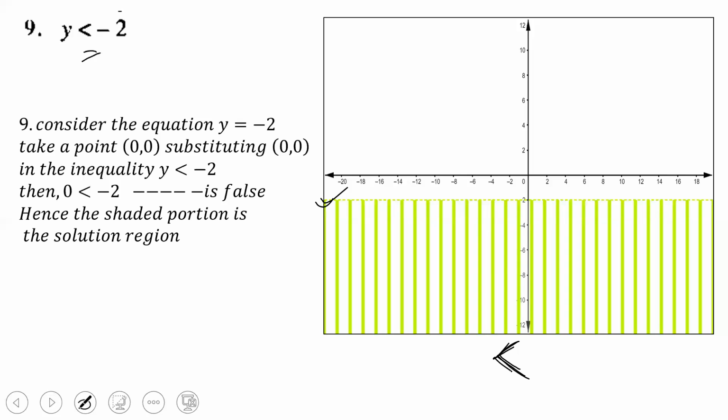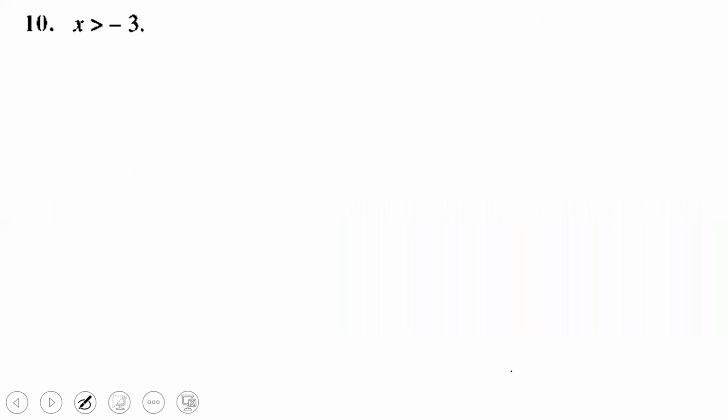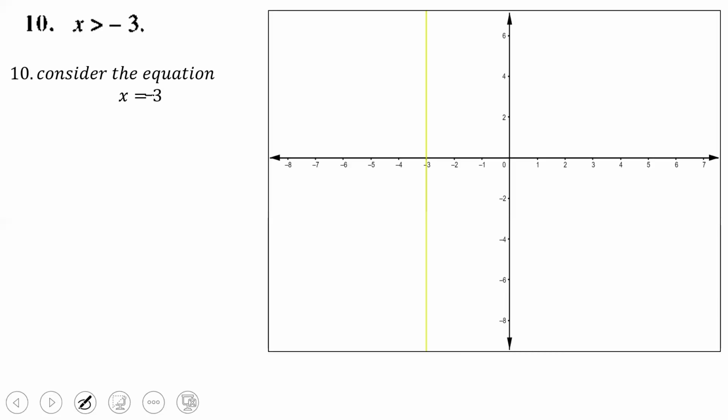So moving to the next question, x greater than -3. Okay, so when we consider the equation, it will be x equals -3. Consider this one as -3, not 3. So first of all, draw the line x equals -3.